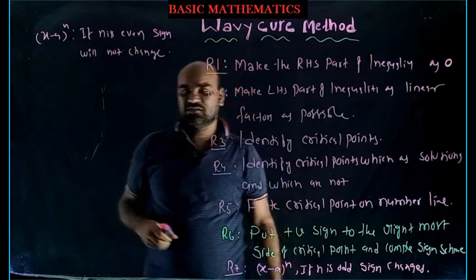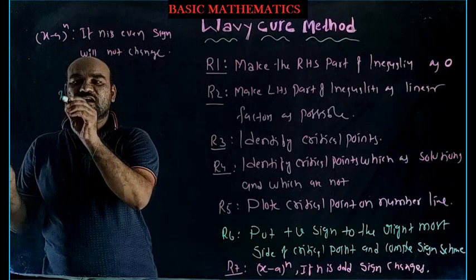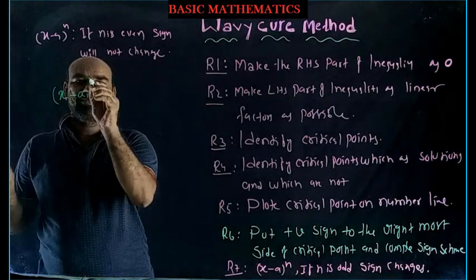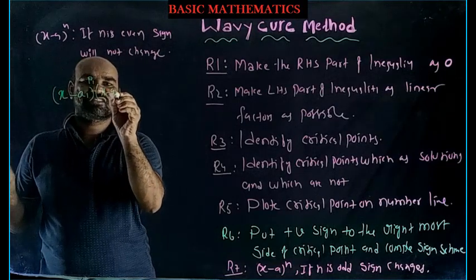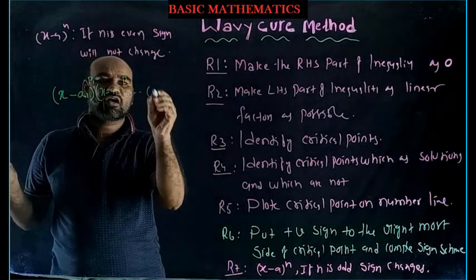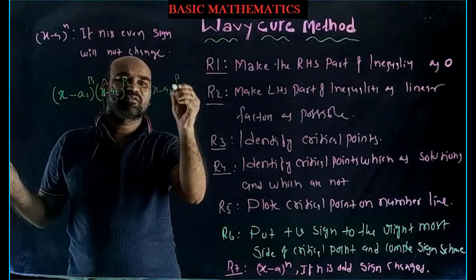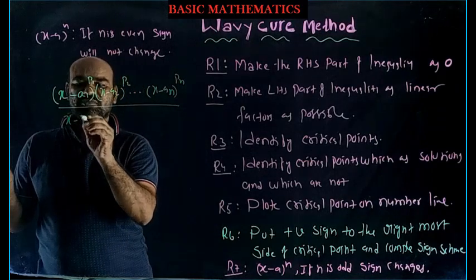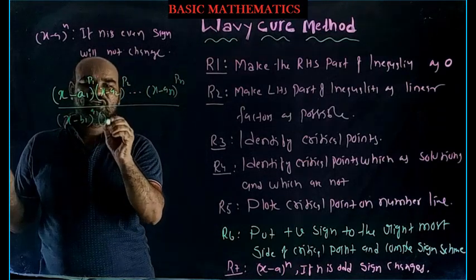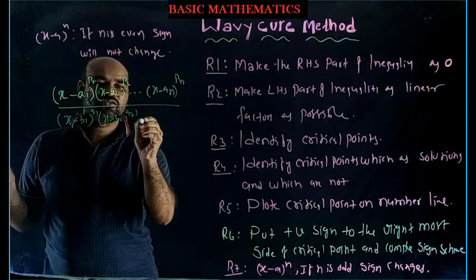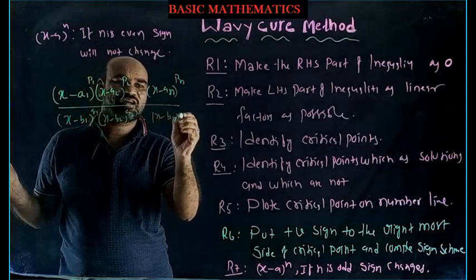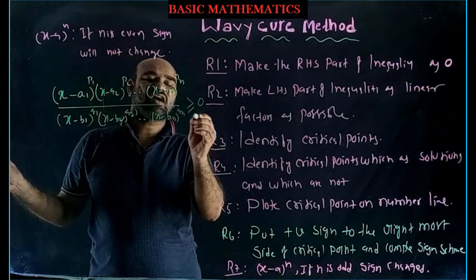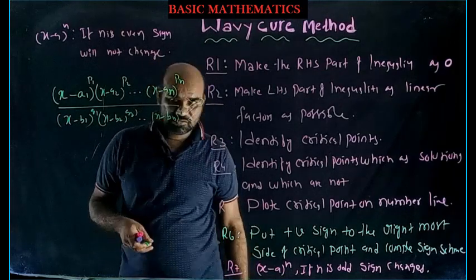For example, your inequality of the form (x - a1)^p1 (x - a2)^p2 and so on up to (x - an)^pn, divided by (x - b1)^q1 (x - b2)^q2 and so on up to (x - bn)^qn, is greater than 0, or less than 0, or less than or equal to 0, or greater than or equal to 0.